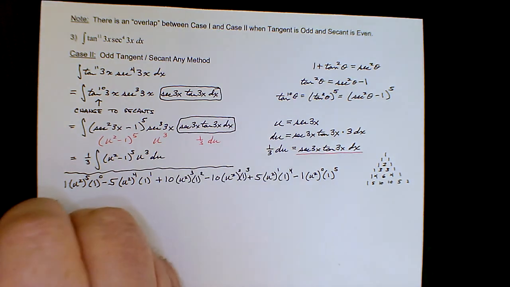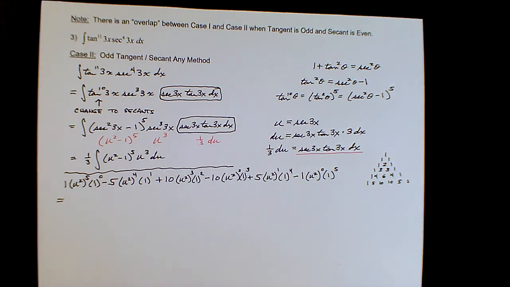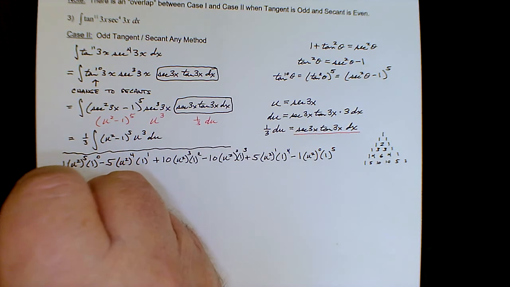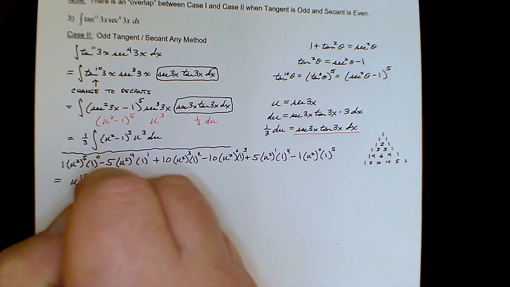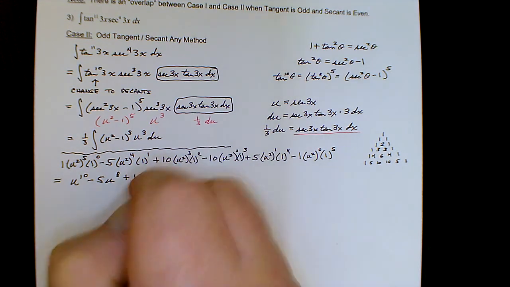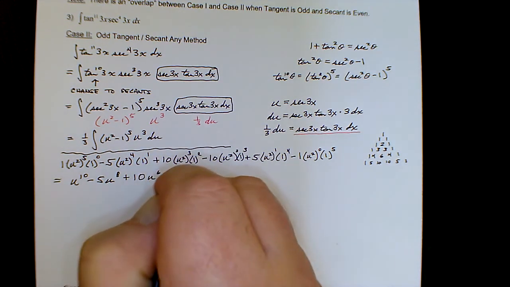So now that expansion yields u squared to the 5th, or u to the 10th, minus 5, u squared to the 4th, u to the 8th, plus 10, u squared cubed, u to the 6th, minus 5, u squared squared, u to the 4th.